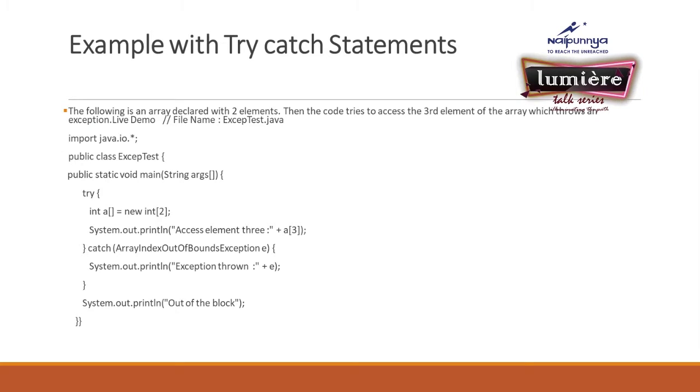So here we have the catch block, ArrayIndexOutOfBoundsException e. It is the parameter which catches the thrown exception object, and handles it properly. After that, the catch block will be executed and we get the System.out.println statement, or the output statement, which is printed after the proper catching of the exception.